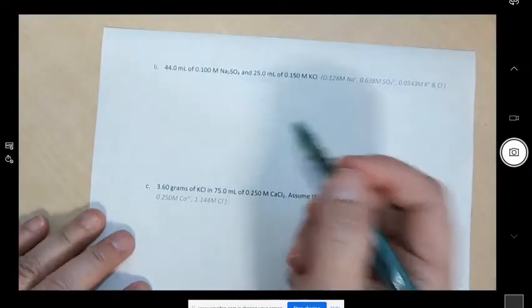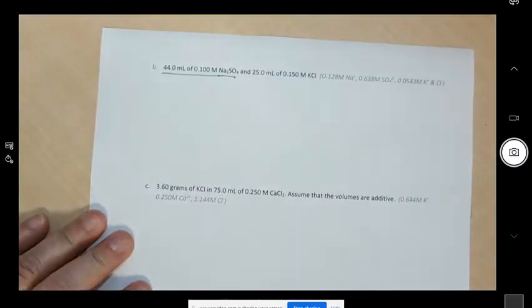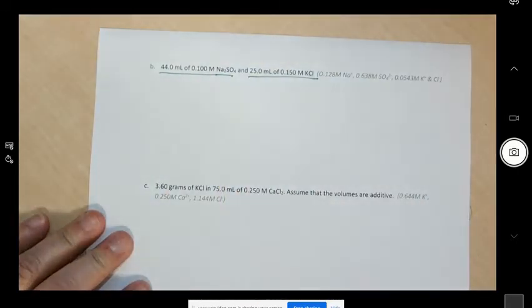On this one, we have 44 milliliters of a 0.1 molar sodium sulfate solution and 25 milliliters of a 0.150 molar potassium chloride solution. We have no ions in common here. So we're going to figure out the molar concentration of the sodium ion, the sulfate ion, the potassium ion, and the chloride ion. We're going to do this the same way.